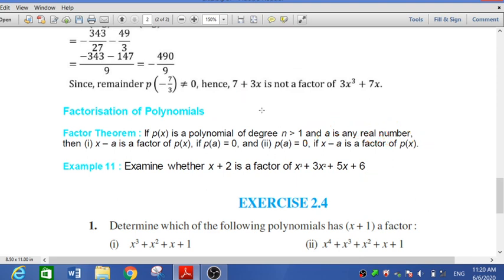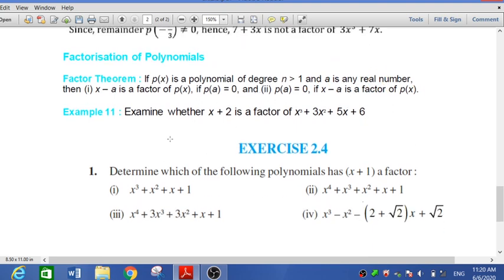Same thing we have to check here. One question is given, an example: is x plus 2 a factor or not? So what do I have to do? I have to put x equal to minus 2.